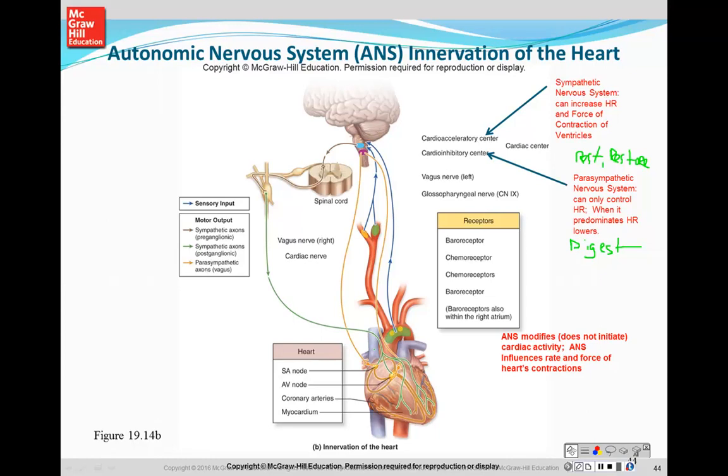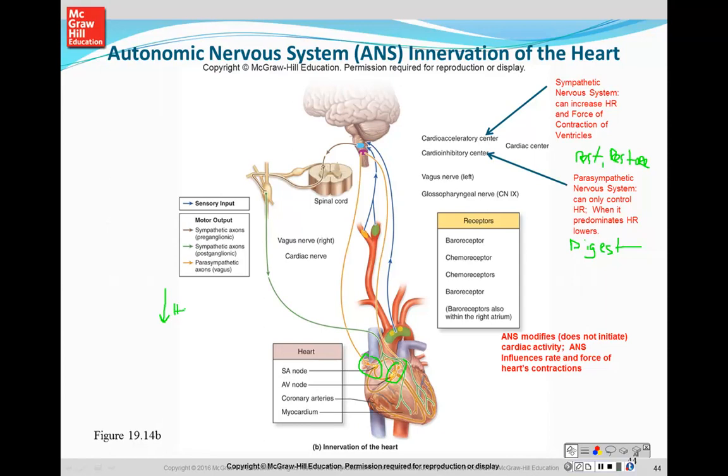And now, the key thing with this parasympathetic system, and I'm going to circle once again, it only can control the SA node and the AV node. It doesn't control the myocardial tissue. So you don't see any gold wiring, parasympathetic wiring, getting down to the myocardial tissue here. You don't see that.